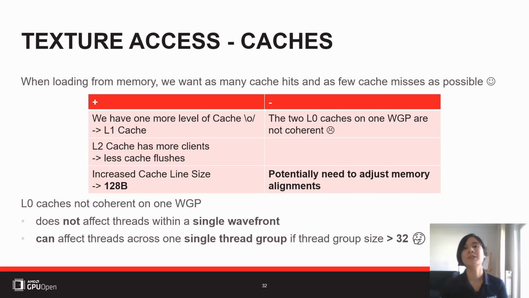On GCN it was 64 bytes, on RDNA it is now 128 bytes. So if you optimize for a cache line size of 64, then you may adjust this to 128, because this should still work well for 64, but now also for this 128, which is on RDNA. So it should be a win-win situation for you.